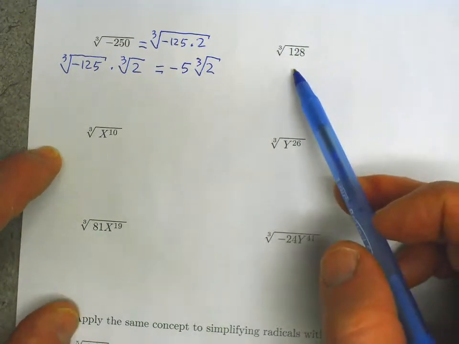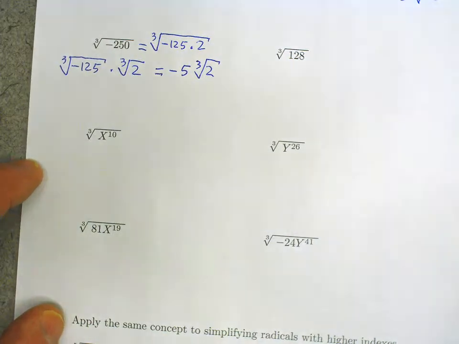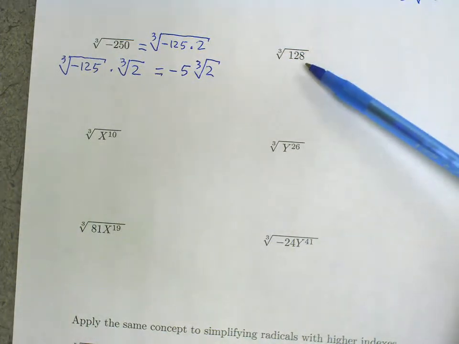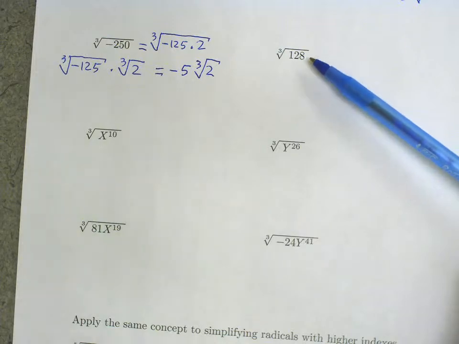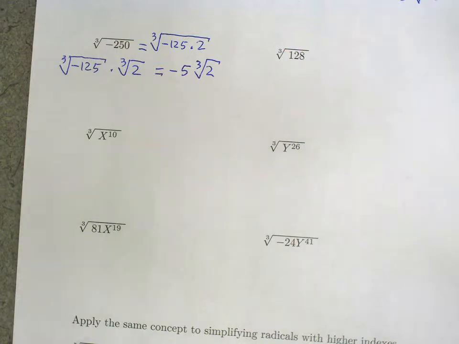Okay, the next one, the cubed root of 128. Well, you might notice that 8 is a factor of 128, and 8 is a perfect cube. But there is a larger factor of 128 that's a perfect cube, larger than 8.